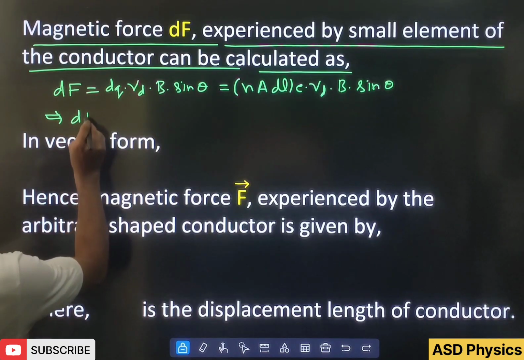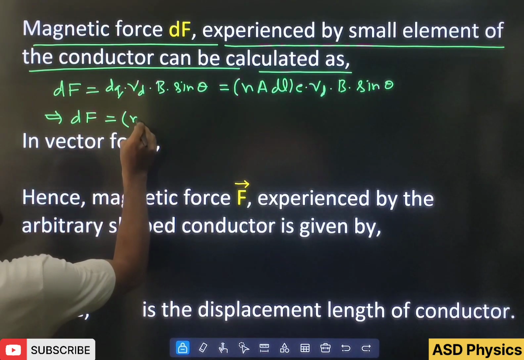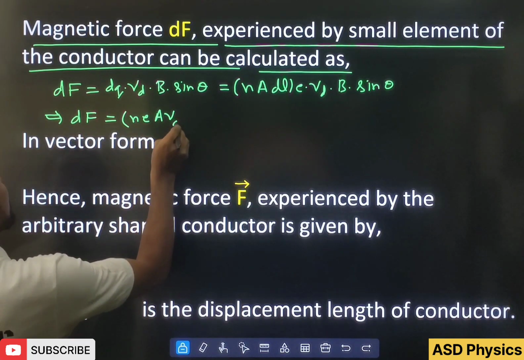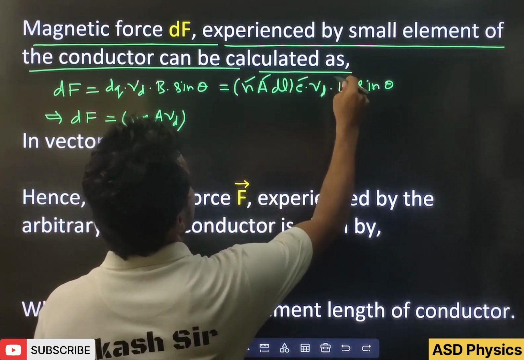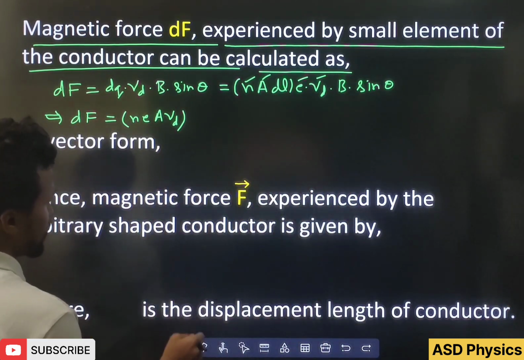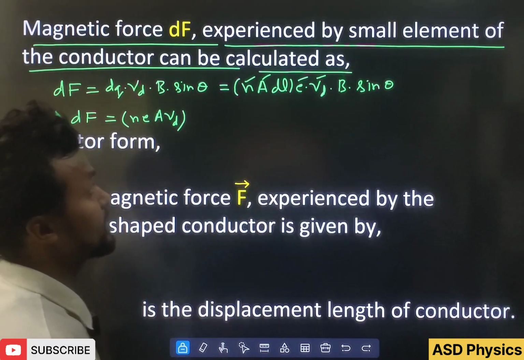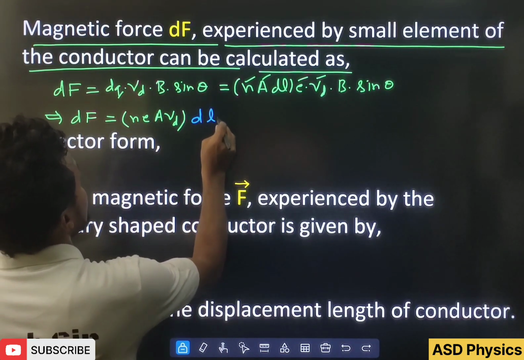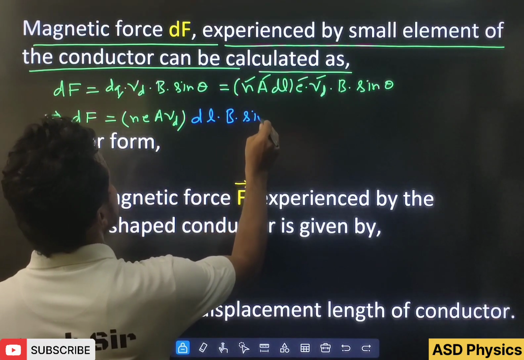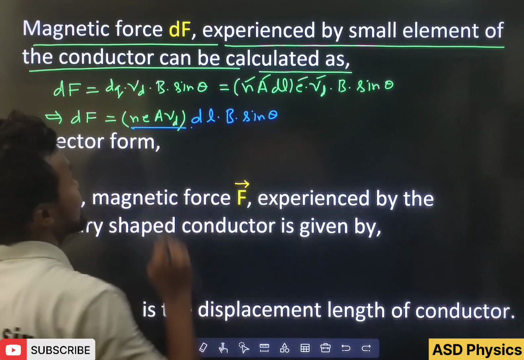Now after that what can I write here? This dF is equal to, let me collect all the things together, nEAVd. Now this n, this e, this A and this Vd I have collected together here. So nEAVd. After that what is left here? Kindly see here, dl into B into sin theta. And you know what this nEAVd is?